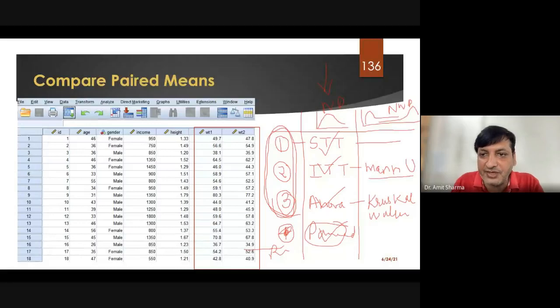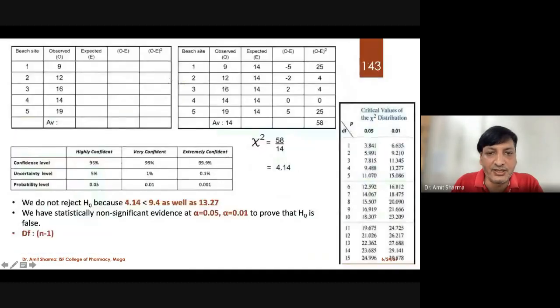With this four we have studied student t-test, independent, ANOVA, and paired sample. All are parametric. Chi-square, Mann-Whitney U, Kruskal-Wallis, these all are called non-parametric test. So we are going to do this after in further classes.